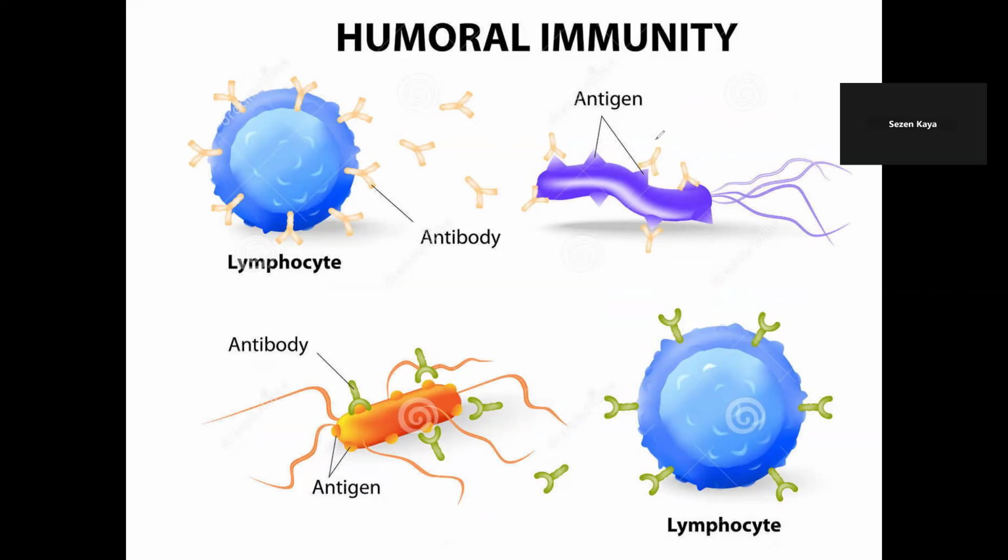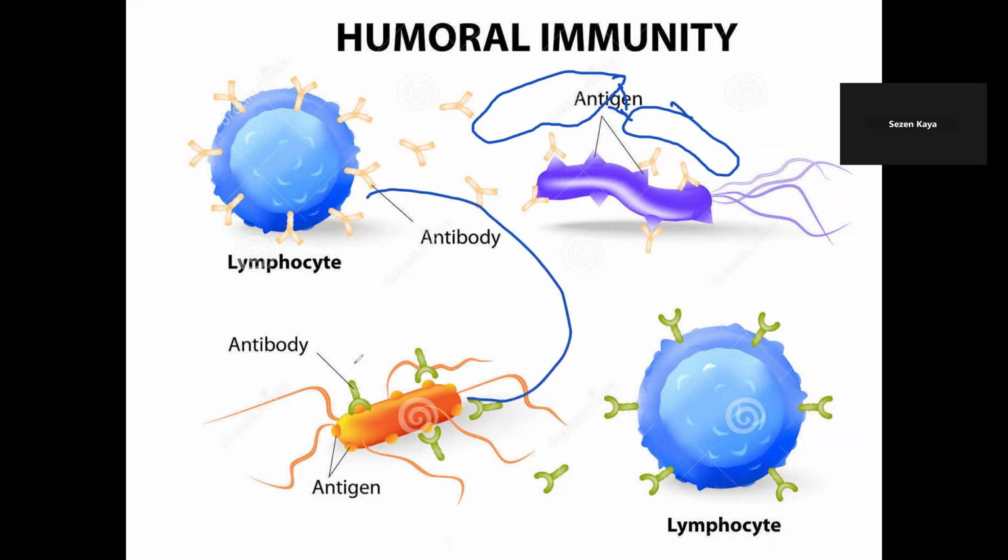For example, one antigen, another antigen, they will stick to each other and cannot move, cannot spread to other areas, other tissue. And after that, huge macrophages will come here and eat this antigen-antibody complex.